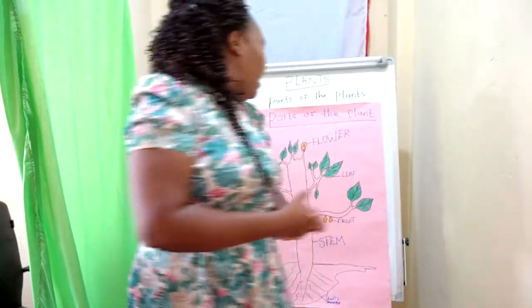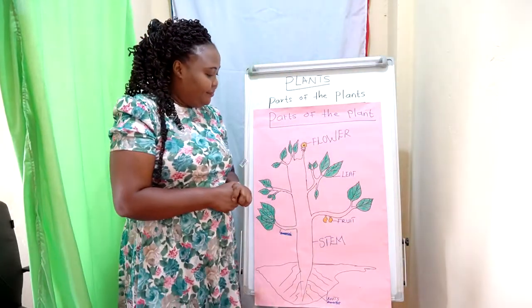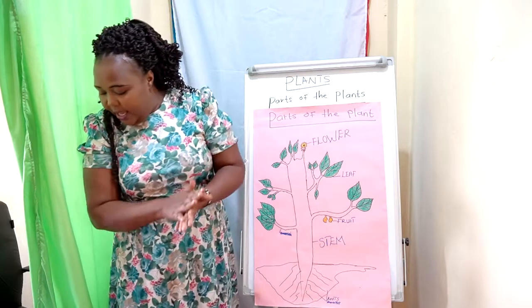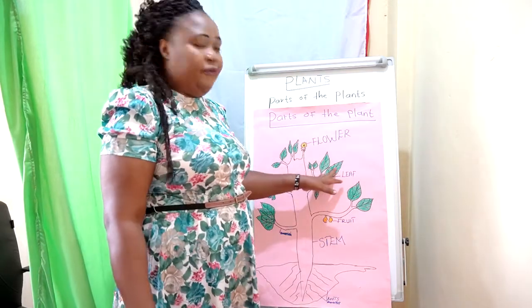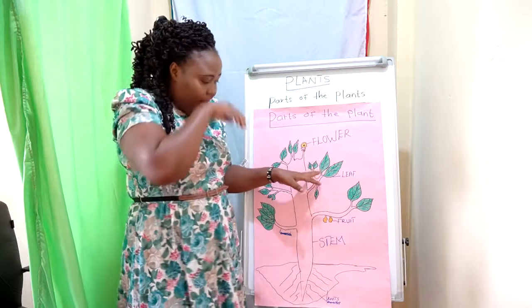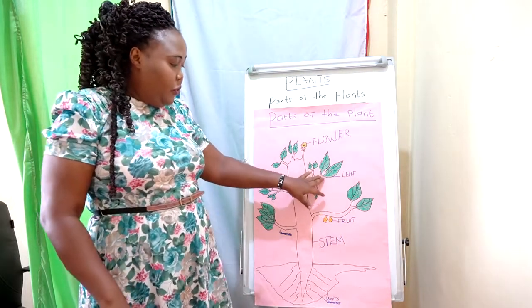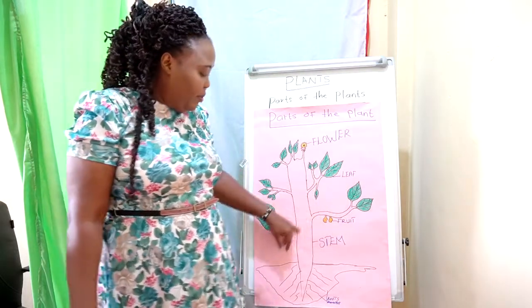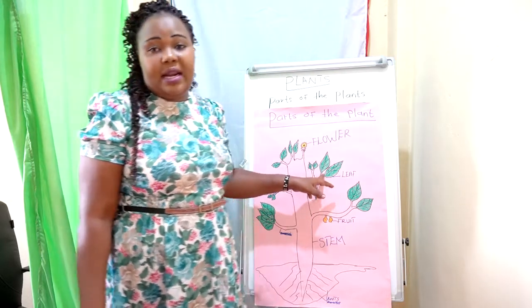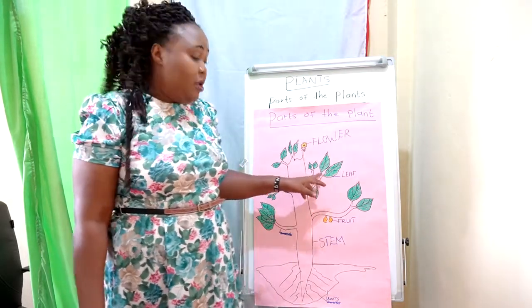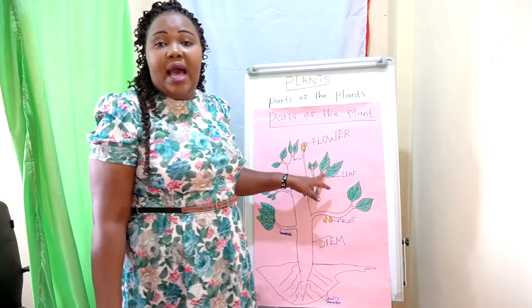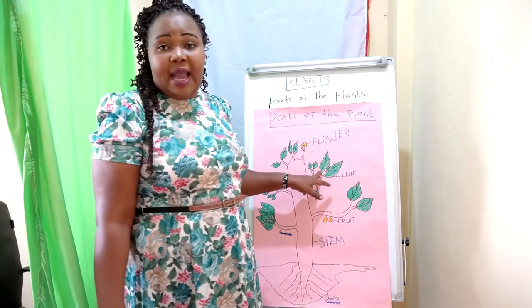Now let's move to the next part. The next part here, we have the leaf. Look at the leaf part of it very carefully. You find that for my plant here, the leaves are green, but not all plants have green leaves.